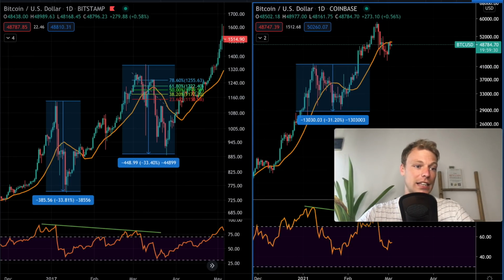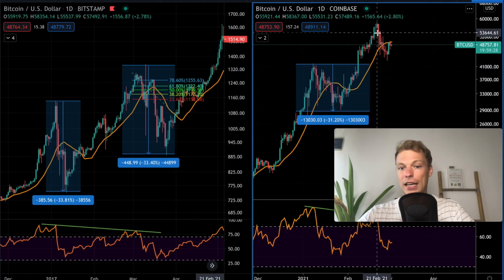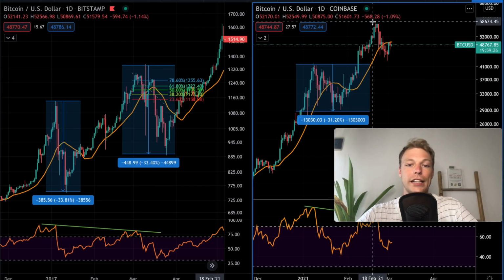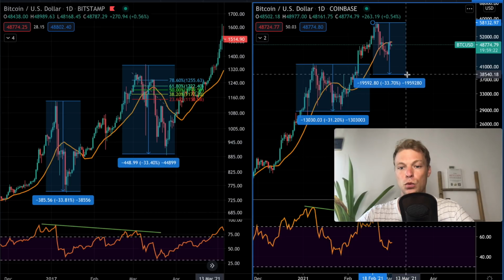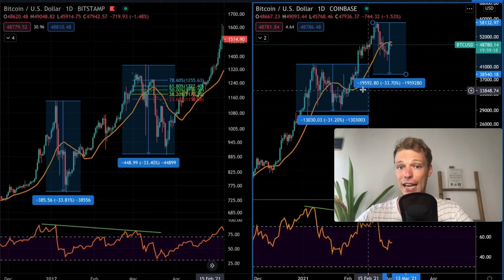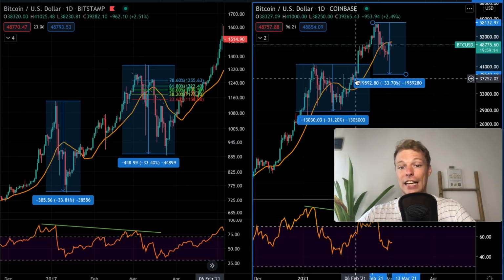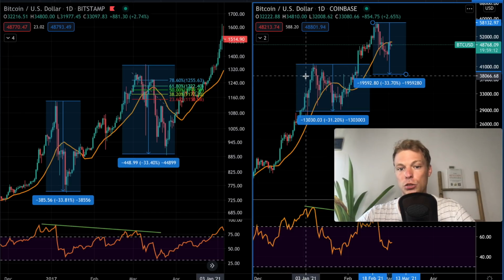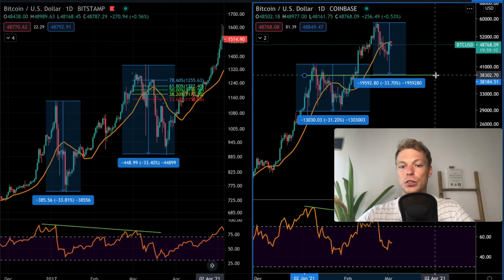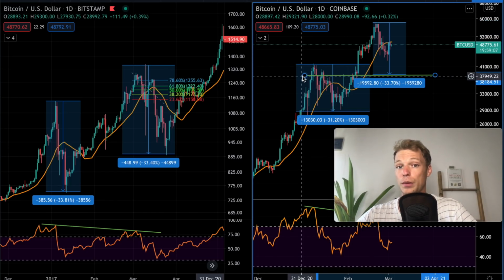So let me calculate, guys. If we were to have a 33% drop, similar to 2017, in the price action right now, that would mean approximately a Bitcoin price of 38,500, which actually would make quite some sense and also aligns approximately with previous resistance right now that could be turning into support.